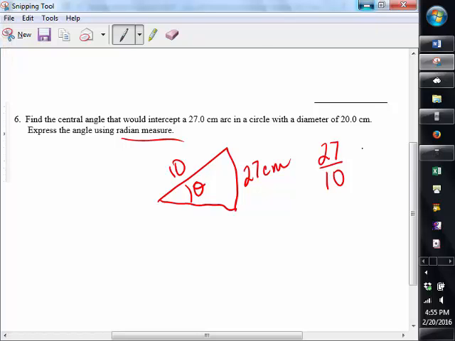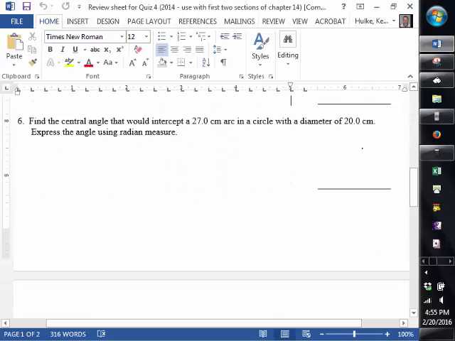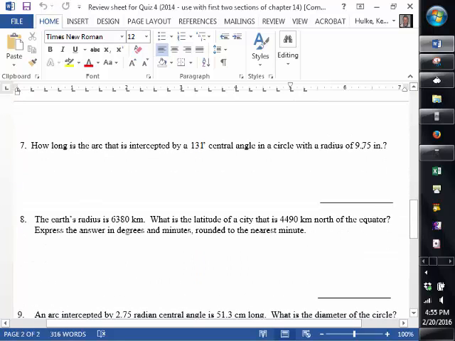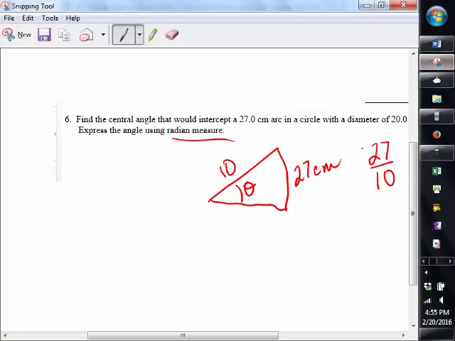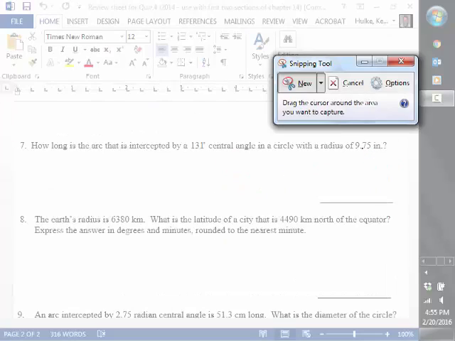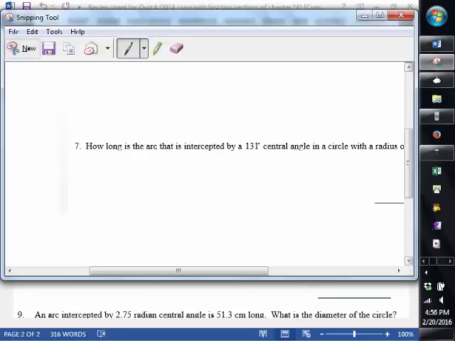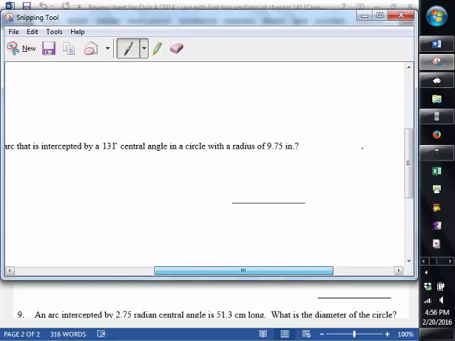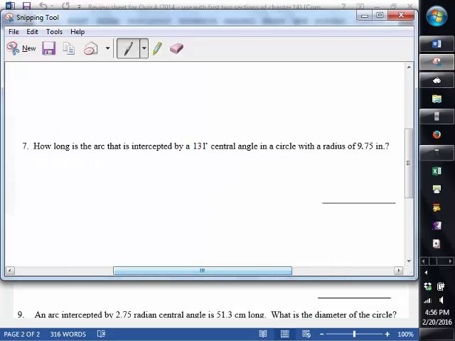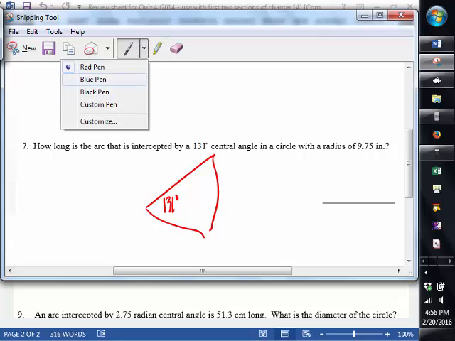2.7 radians. Next one. How long is the arc that is intercepted by a 131 degrees central angle in a circle with a radius of 9.75 inches? So our central angle is 131 degrees. We have to switch that into radians.